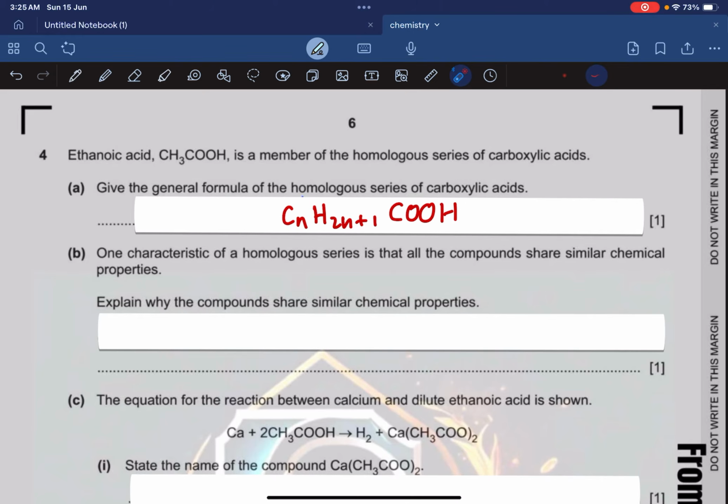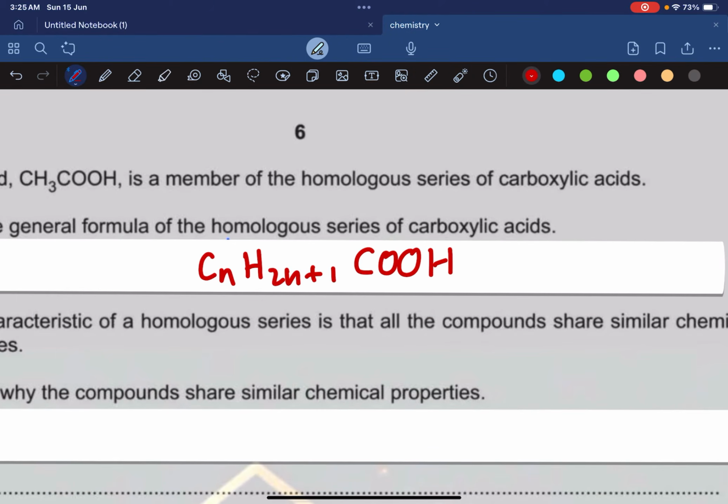One characteristic of a homologous series is that all compounds share similar chemical properties. Explain why the compounds share similar chemical properties. Because they have the same functional group, okay? The chemical properties basically depend on the functional group. Why do all alkenes react with bromine? Because all have that carbon-carbon double bond that's going to break when bromine is added.